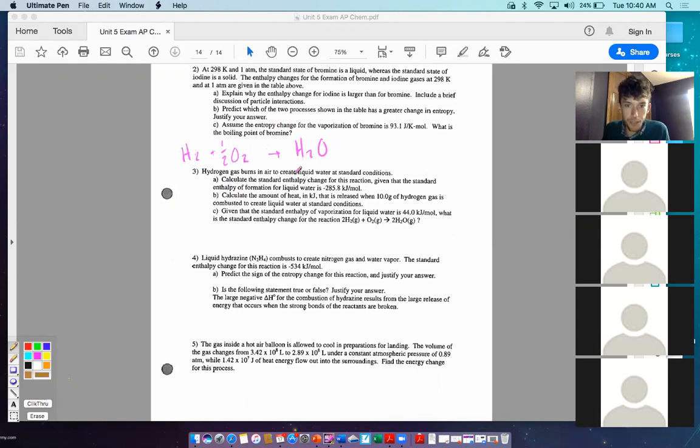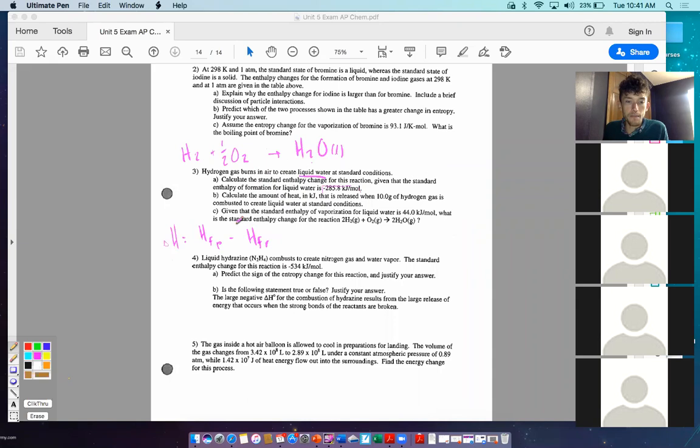Calculate the standard enthalpy change for this reaction, given that the standard enthalpy of formation for liquid water is this value. And this is liquid water, they're telling me I created liquid water here. So that's going to be delta H equals heats of formation of products minus heats of formation of reactants, because I've been given the heat of formation of water.